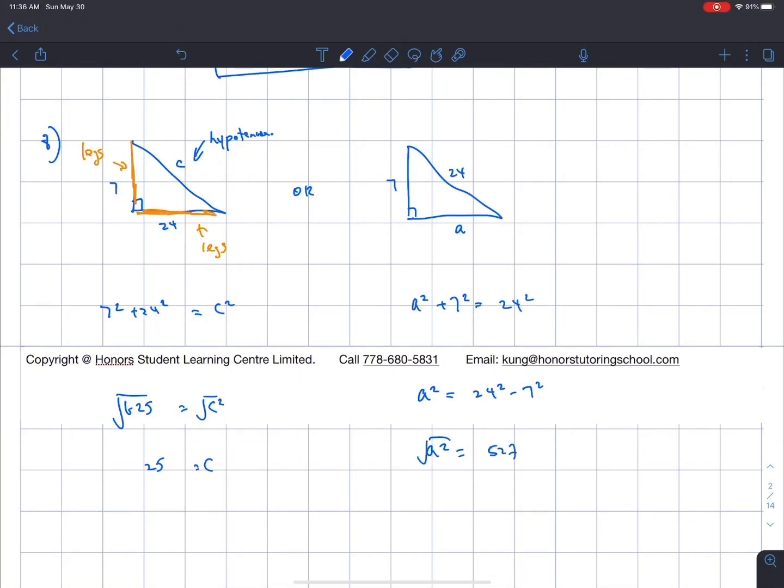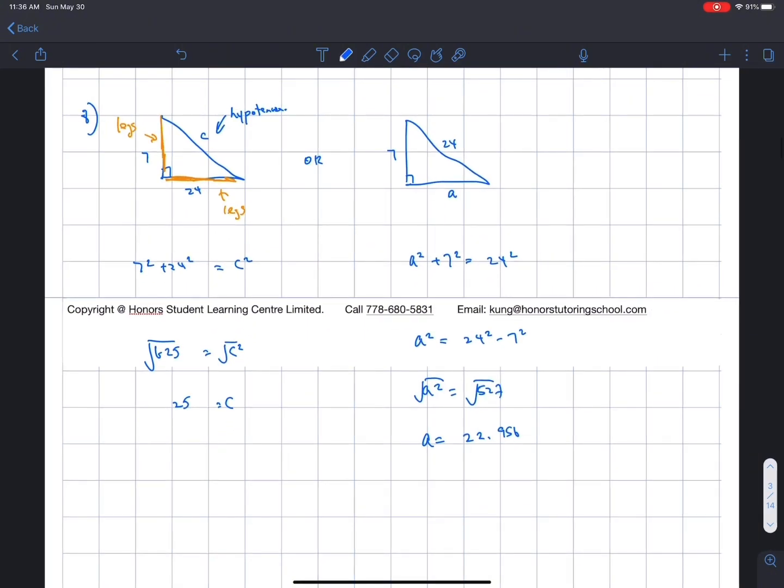We square root both sides. We get a equals 22.956 or 23. So the possible length equals 25 centimeters or 23 centimeters.